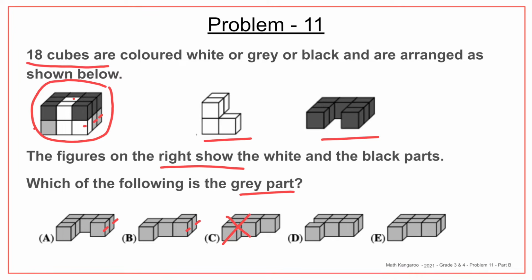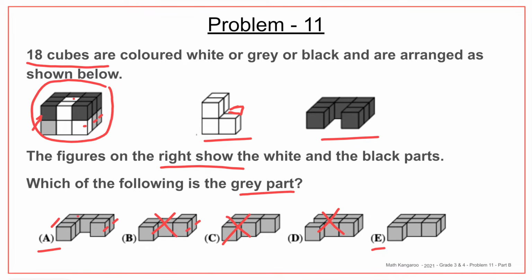So it should be 3 in a row. So we have 3 here, we have 2 in here, this is not possible, we remove this. D does not have 3, there is one missing, we remove this. So now we have to compare between A and E. Looking at the picture, from the white cube we know there needs to be a cube underneath and 3 cubes behind.